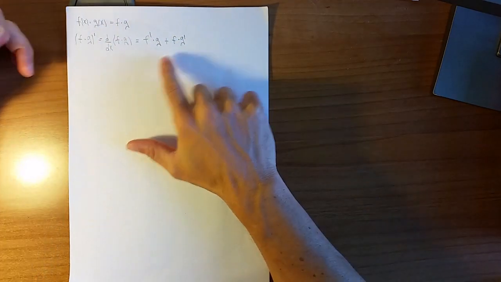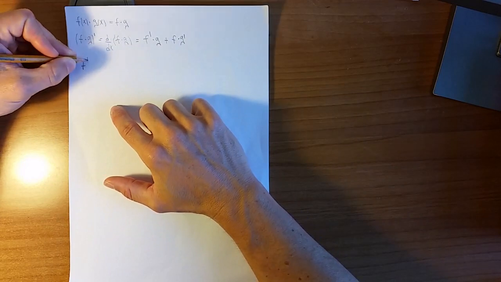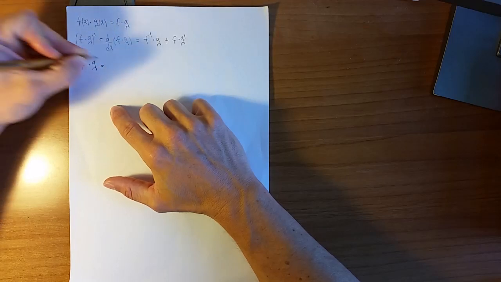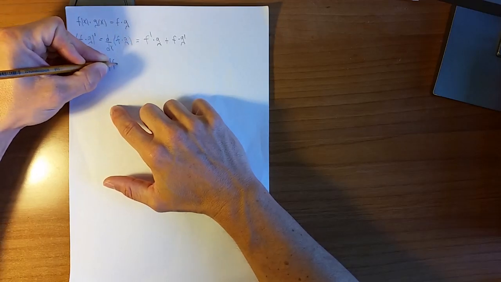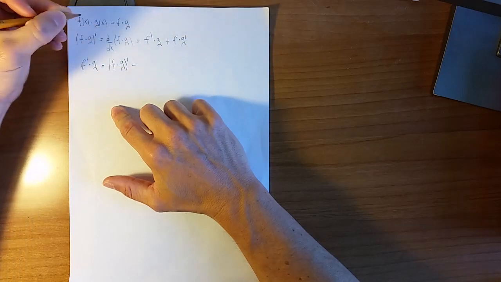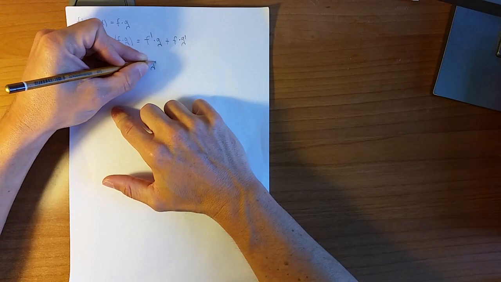And we will rewrite this in the following way. So we have f prime times g equals f times g prime minus f times g prime.